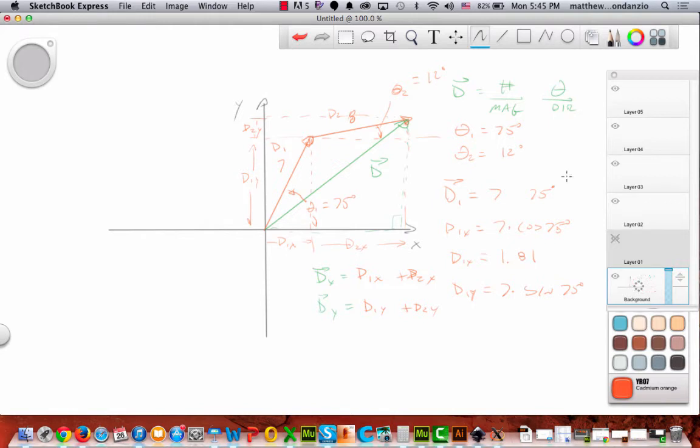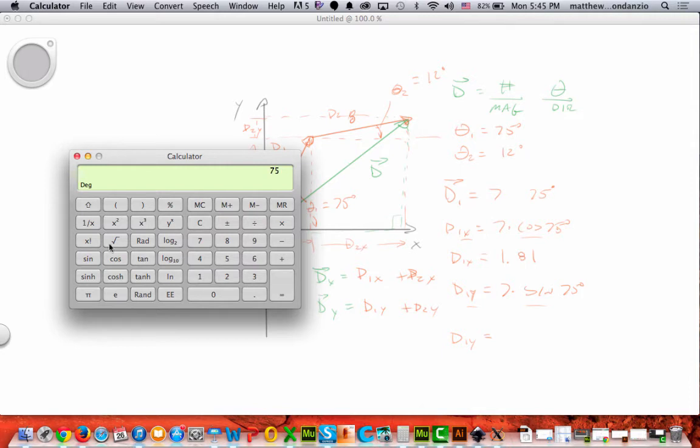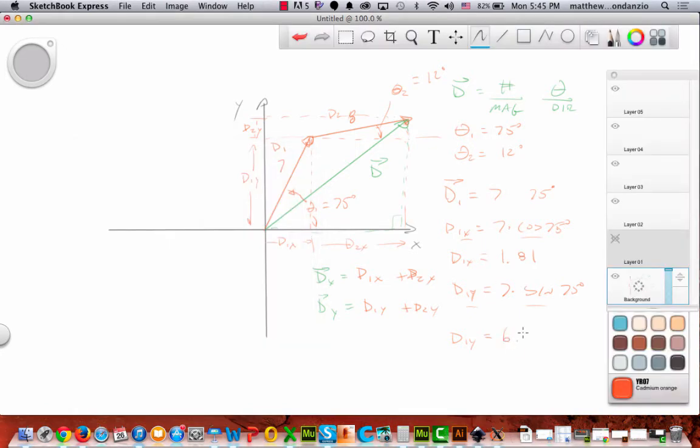And again, you can notice that we're looking at x for cosine and y for sine when it's set up in this fashion. So sine of 75 times our 7, it's about 90-something percent, so we get 6.76. And if it's all in meters, then it's all in units of meters.